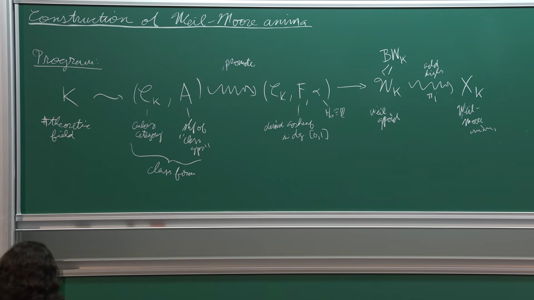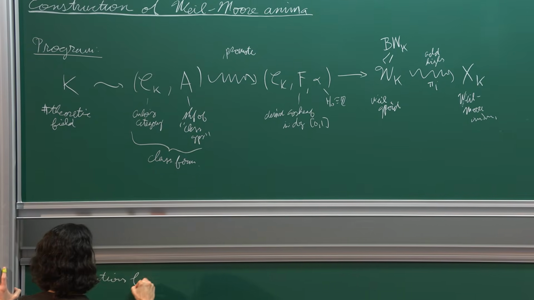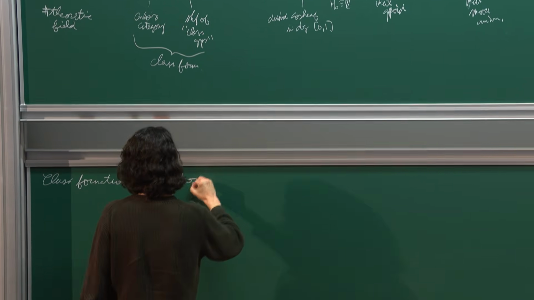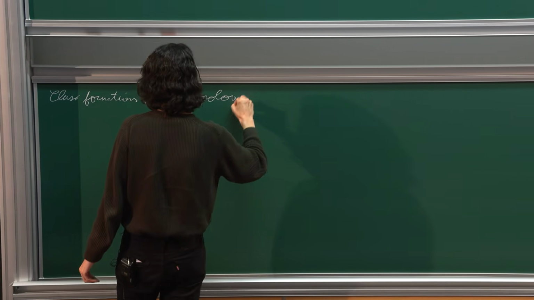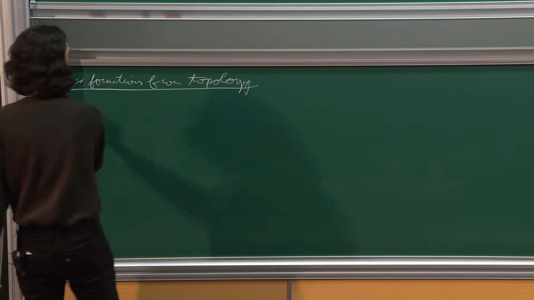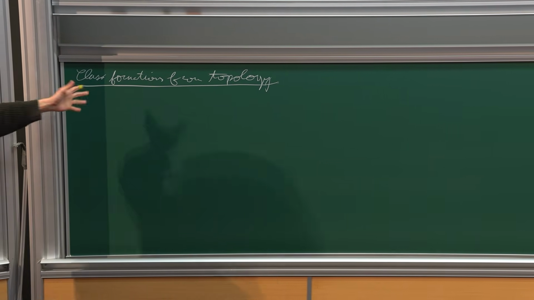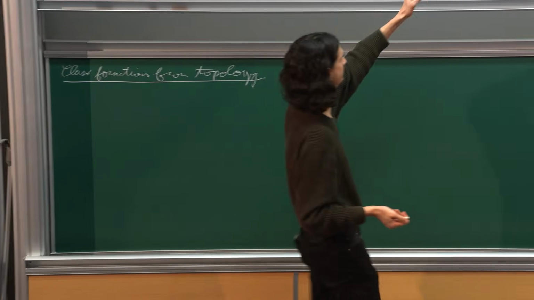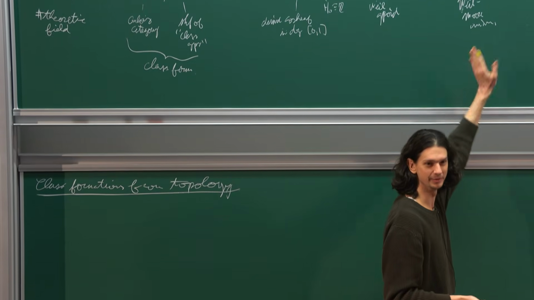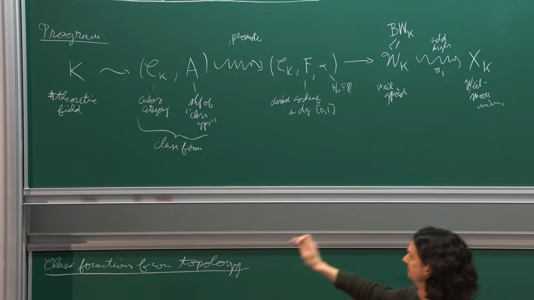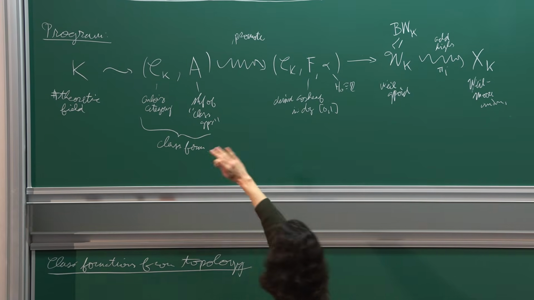So let me describe some class formations from topology. Here it's going to be kind of the opposite situation. We're sort of going to start with an object kind of like this, and then we'll get this data.